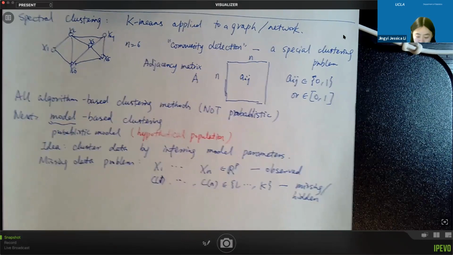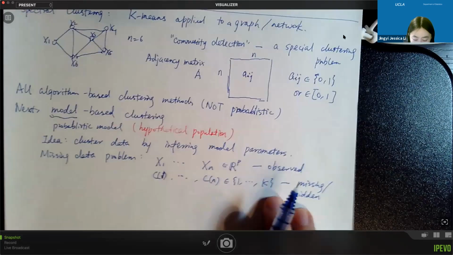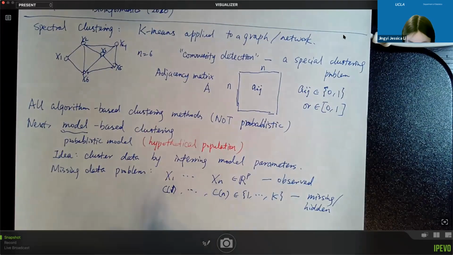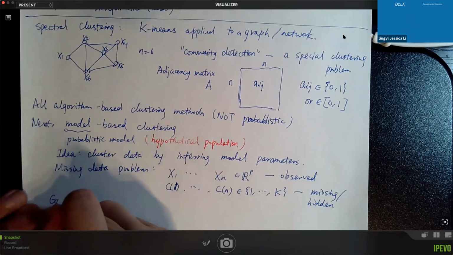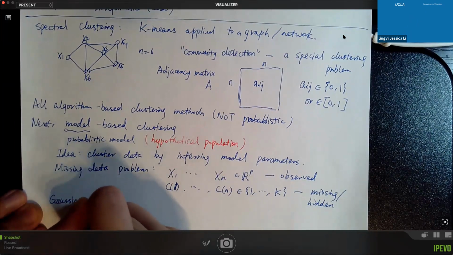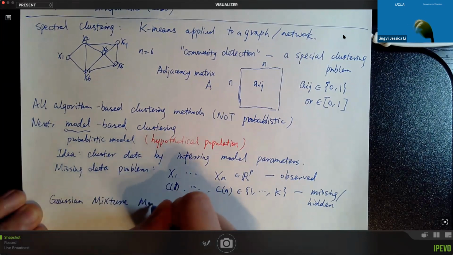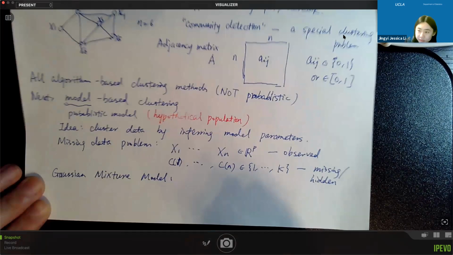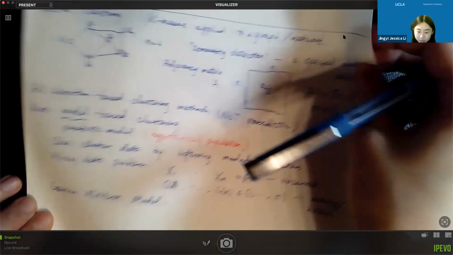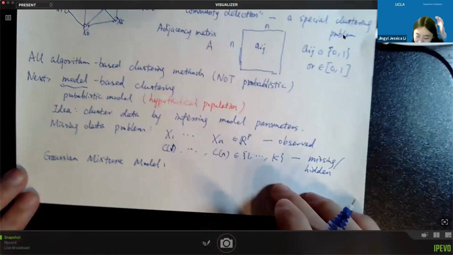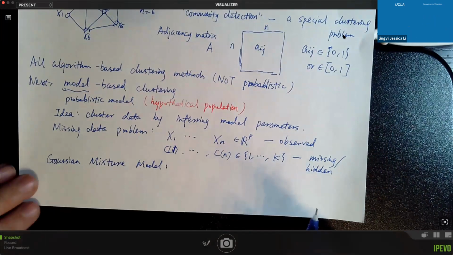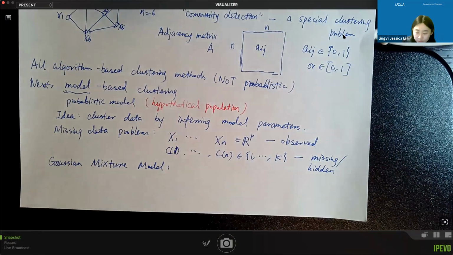So to start with, let's talk about the Gaussian mixture model, which is the simplest type of mixture model. And this is actually what you have in your homework, so please pay close attention. In the Gaussian mixture model, we have our data points drawn from a mixture distribution.